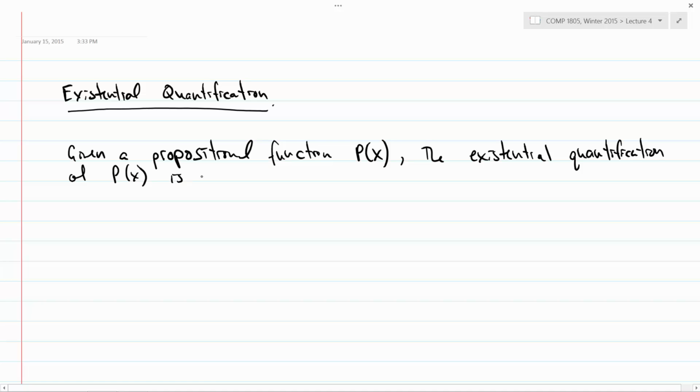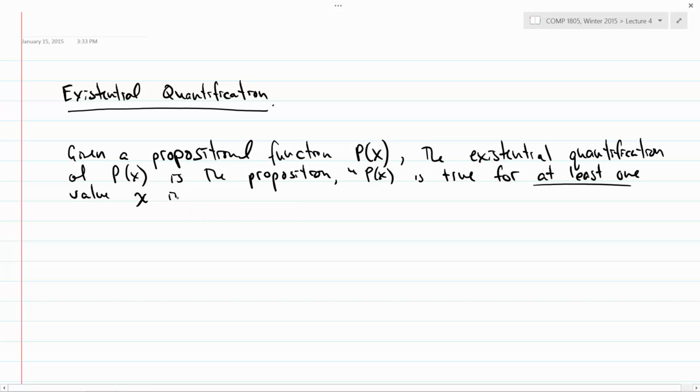It's the following proposition: that P(x) is true for at least one value x, or object x, in the universe of discourse. All right, that's what that means.